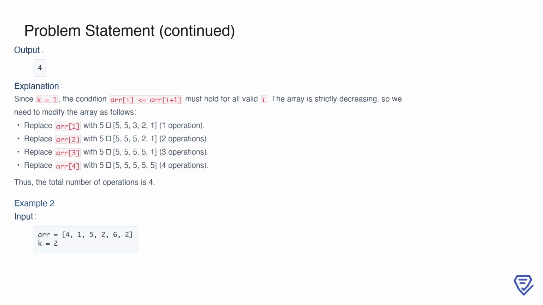Next, replace arr[3] with 5, resulting in 5, 5, 5, 5, 1, and finally, replace arr[4] with 5, yielding 5, 5, 5, 5, 5. In total, we perform 4 operations to make the array satisfy the k-increasing condition. Thus, the output is 4.